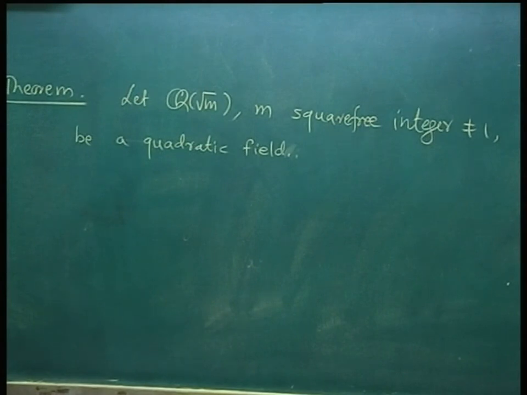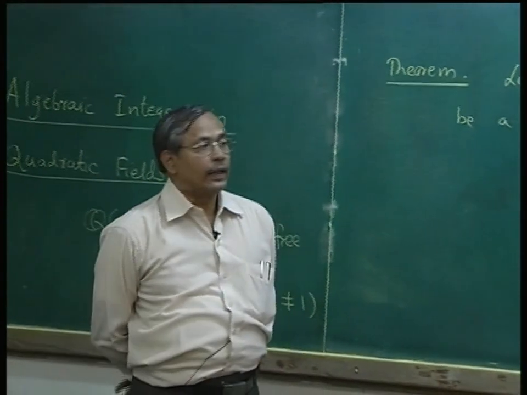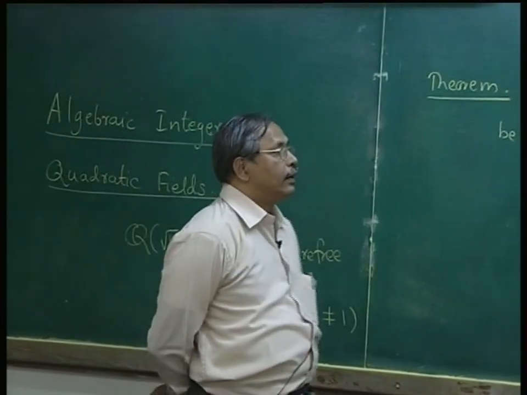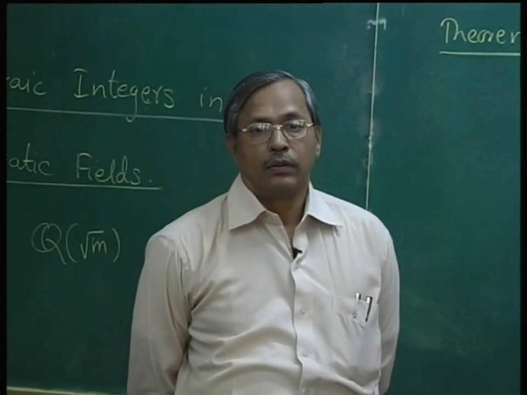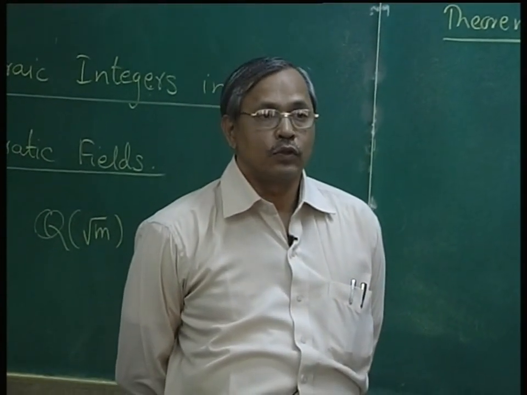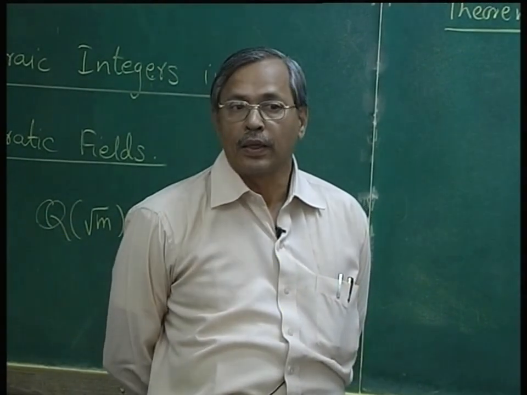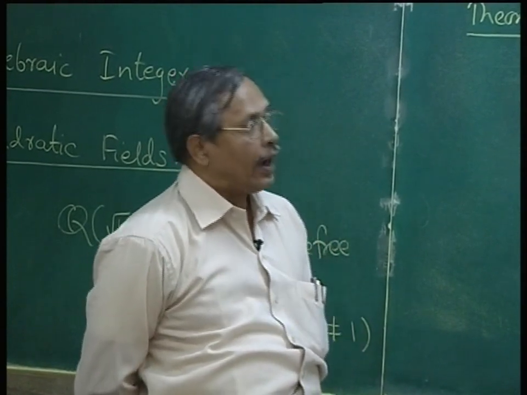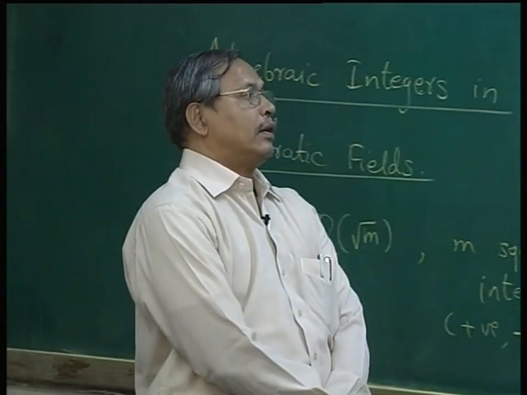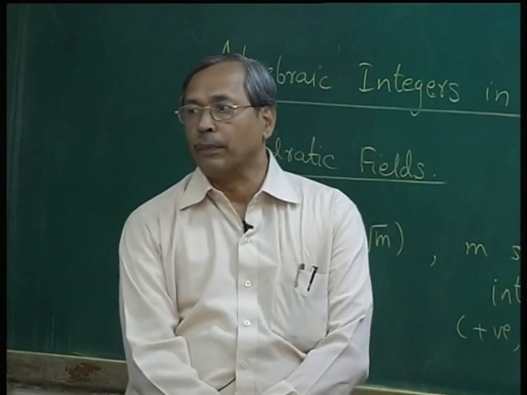This can also be algebraic integers. In that case, you require that a and b both should be odd. So odd plus odd √m divided by 2, such a thing is also an algebraic integer. And these are all the algebraic integers in Q(√m).